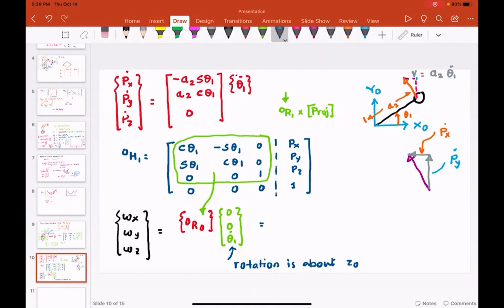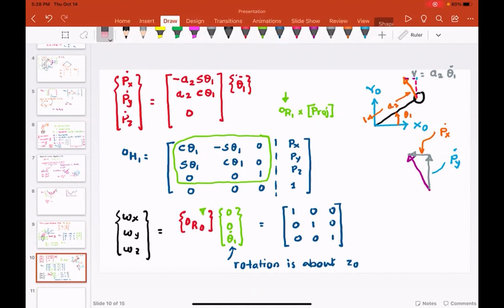So this is going to be 1 0 0, 0 1 0, 0 0 1, and then you are going to multiply this with 0, 0, theta 1 dot. That would tell me that for this robot the only angular velocity is about the z-axis. Everyone understood this?